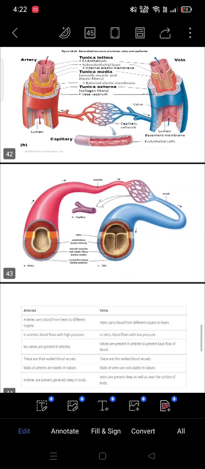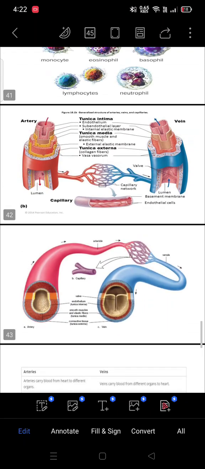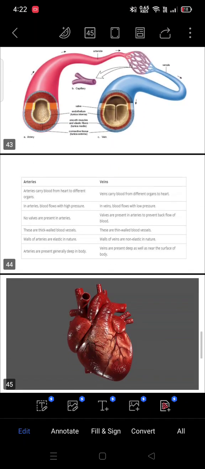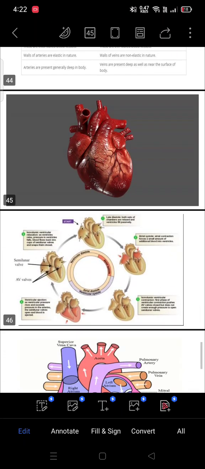Then capillary, what is the shape of the capillary, how the reaction occurs in between. Then what are arteries, what is the function of artery and vein, and which type of artery carries which type of blood, oxygenated or deoxygenated, and what is the function of vein, that you can see from here.